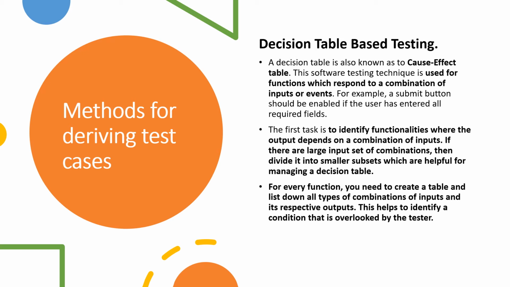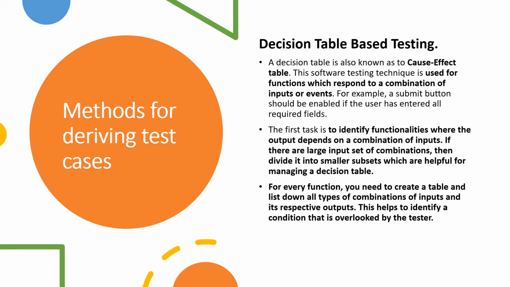It will allow you not to forget any scenario, because it is based on the permutations and combinations of your input values, and this will not allow you to miss any combination.